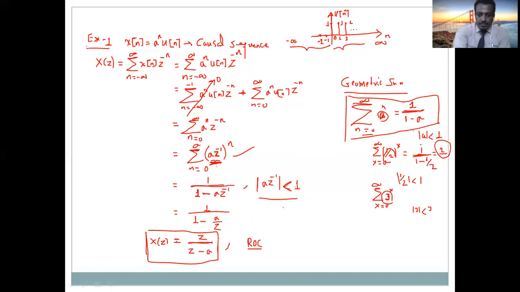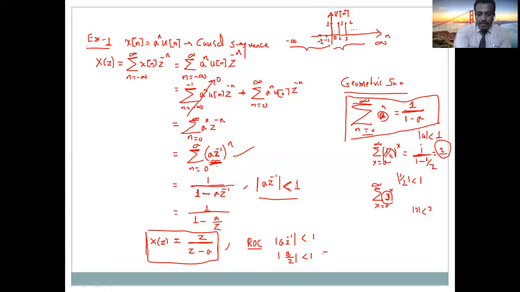So in this case, what is the region of convergence? The absolute value of a times z to the power of -1 must be less than 1. So you can rewrite this as the absolute value of a divided by z is less than 1.